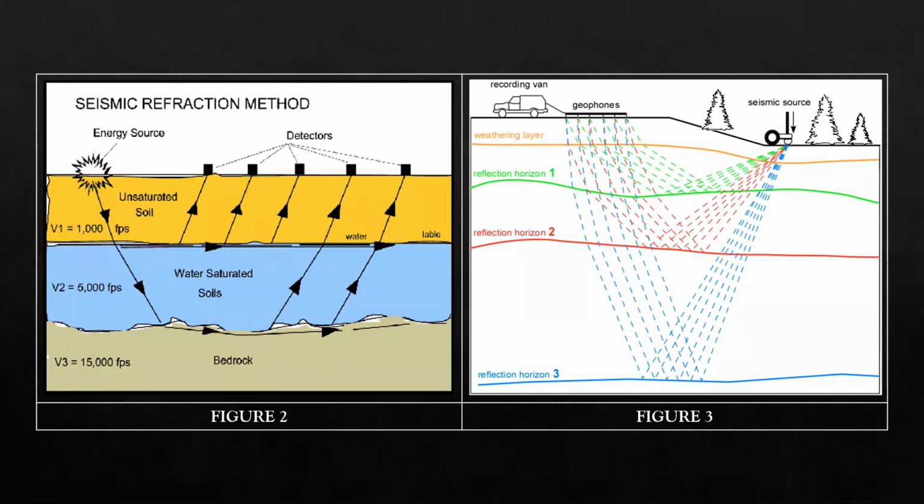Figure 3 is under the reflection method. The seismic source, such as a vibrator truck, will send thousands of waves to different layers of the earth and will reflect them to the geophones to record and store data.